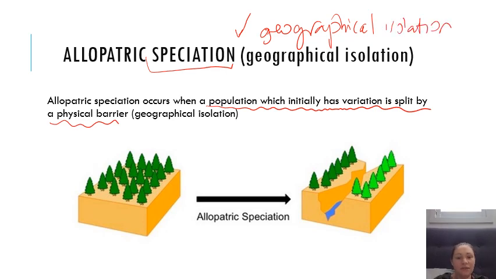I usually like to think of this one as an earthquake happens and a valley forms between two parts of a forest, and as a result, there are two new populations. Over time, different selective pressures act, and those plants or animals on those two sides evolve to be different species. This doesn't happen overnight, it happens over hundreds of years.